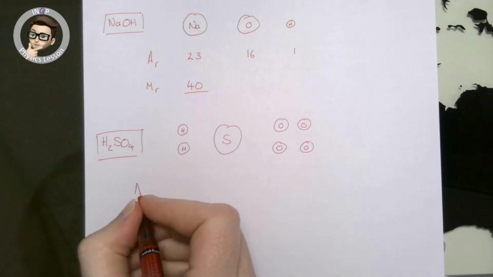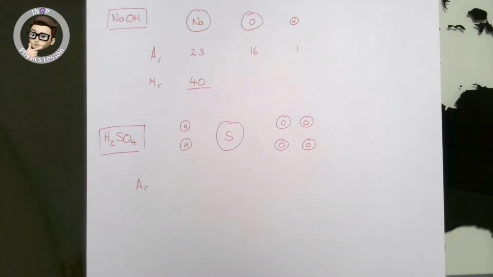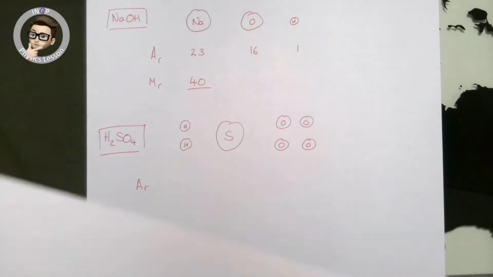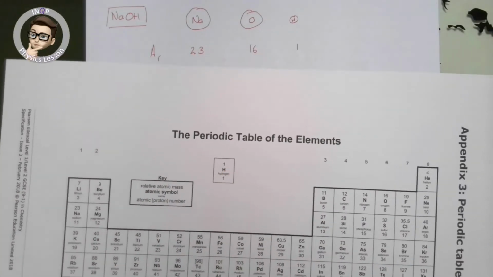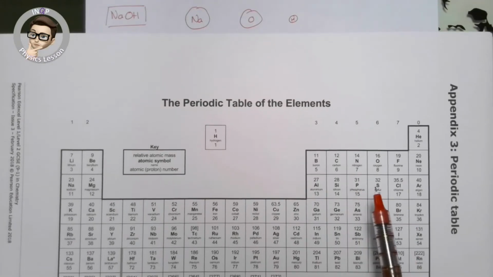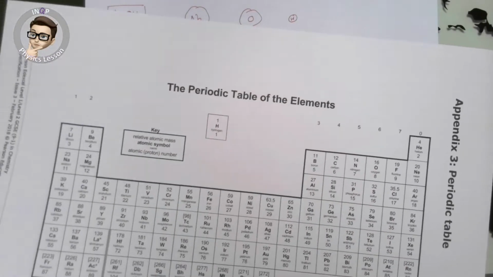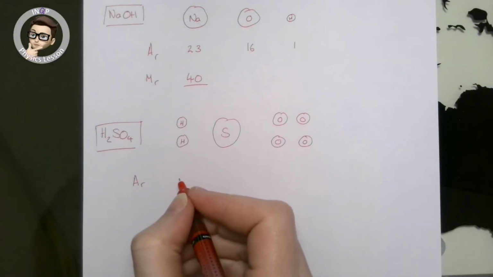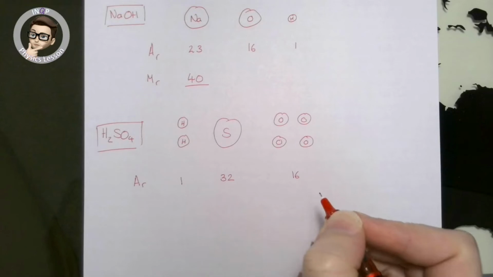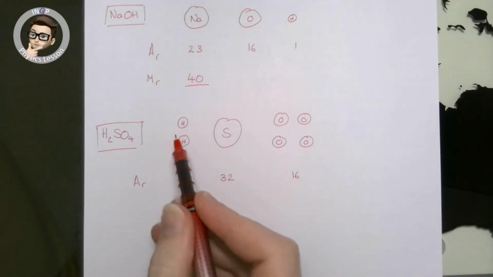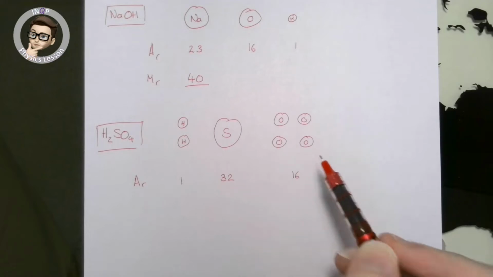So let's look at our relative masses for each one. We'll go back to the periodic table to help us. So H, back up here, is 1. Sulfur, over here, 32. And oxygen, 16. So we've got 1, 32, and 16. But it's not as simple as that, because we've got 2 lots of H, 1 lot of sulfur, and 4 lots of oxygen.